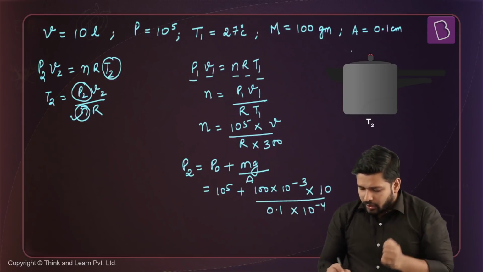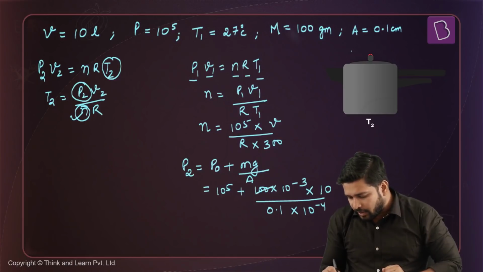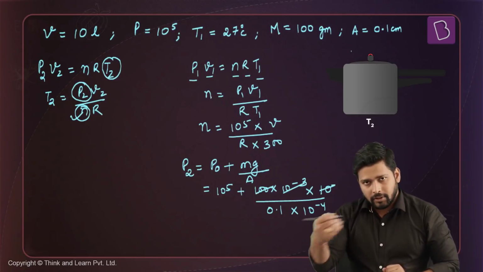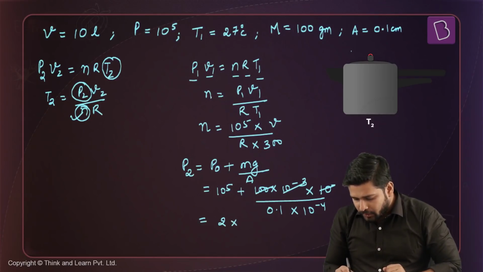Cool. Now if you see, it's 100 into 10, that's 10 to the power minus 3, and 10 to the power 3, they will get cancelled out, right? If I move this 10 to the power minus 4 in the numerator, I get 10 to the power 5, so I get finally 2 into 10 to the power 5 pascals as the value of my P2.